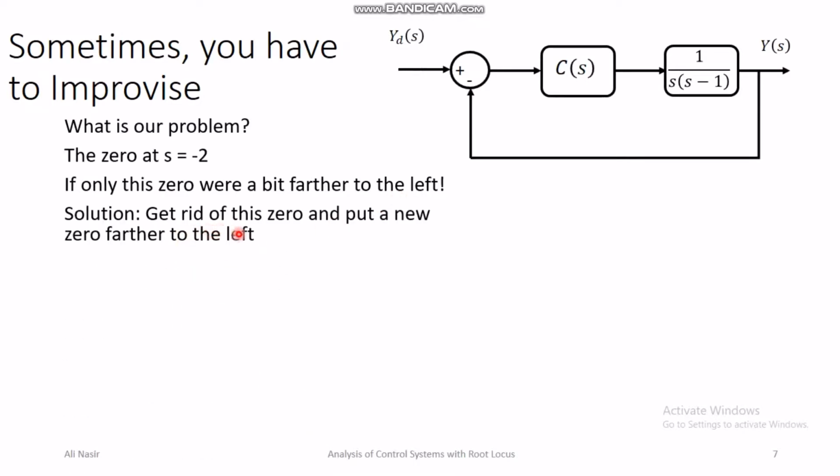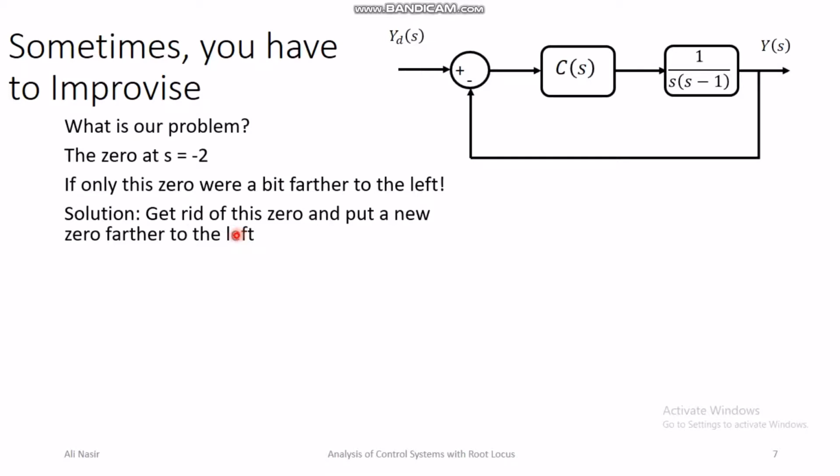If you remember from the previous lectures, we talked briefly about approximating higher order systems as second order systems, and in that scenario we also talked about pole zero cancellations, and we said that we can do pole zero cancellations only in the left half plane.